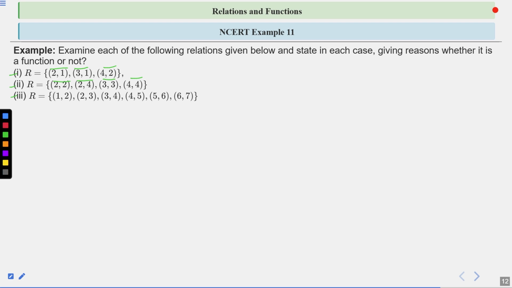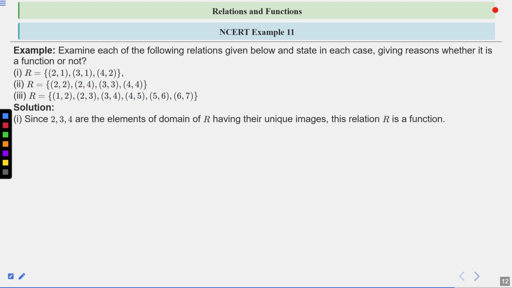And third one has 6 ordered pairs: (1,2), (2,3), (3,4), (4,5), (5,6), (6,7). Clear? Now, solution. For first, since 2, 3, 4 are the elements of the domain of the relation R having their unique images, this relation is a function. Clear?